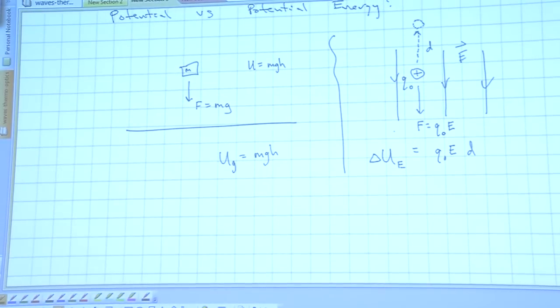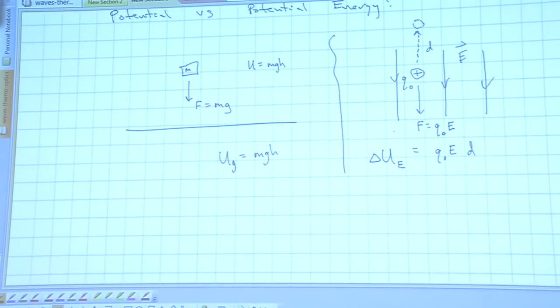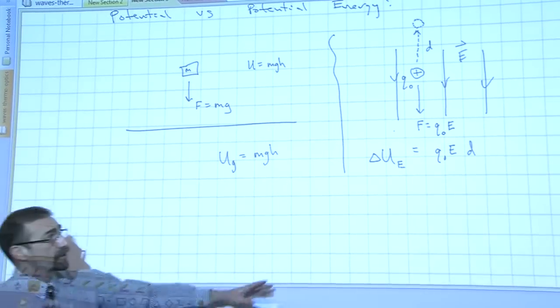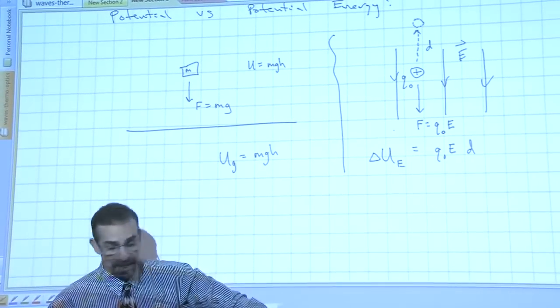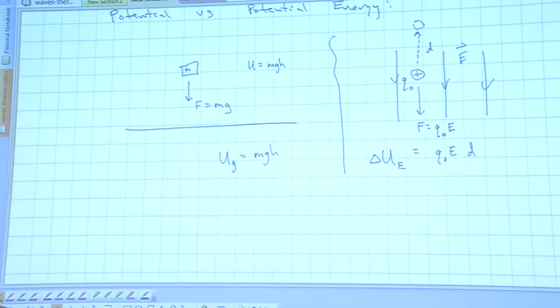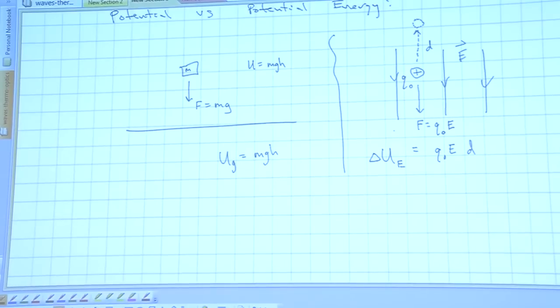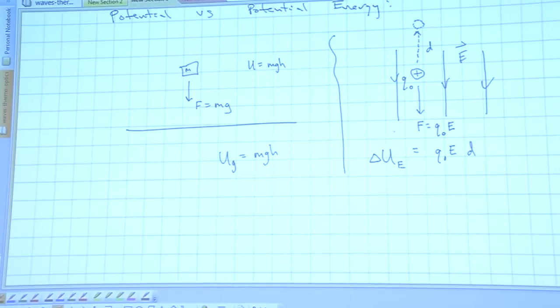So at this point, we stop with gravitation, right? That's it. We don't need anything else. But we go a step further with our electrical charges. We want to get rid of the dependence on the charge. We want to try to think of what is happening because of the electric fields, not because of the charge we're moving.